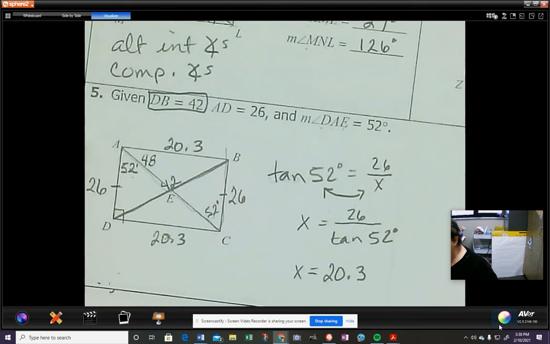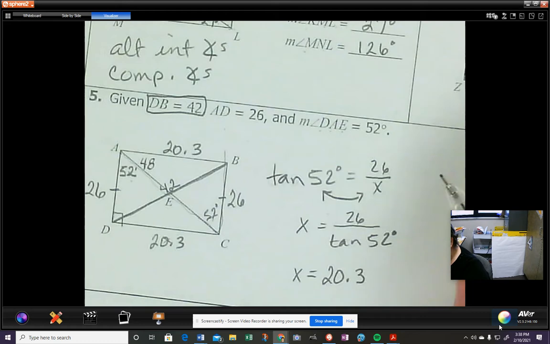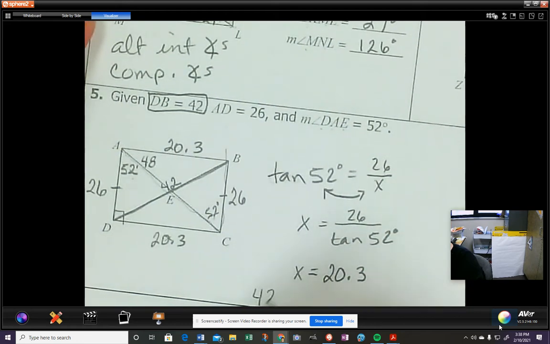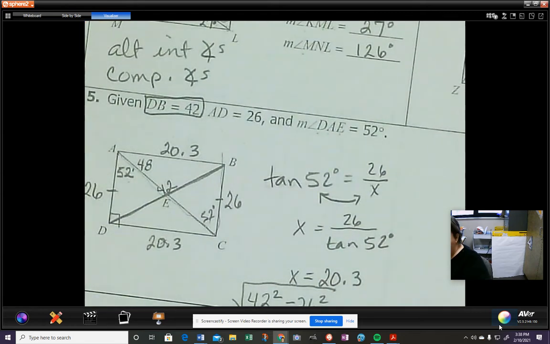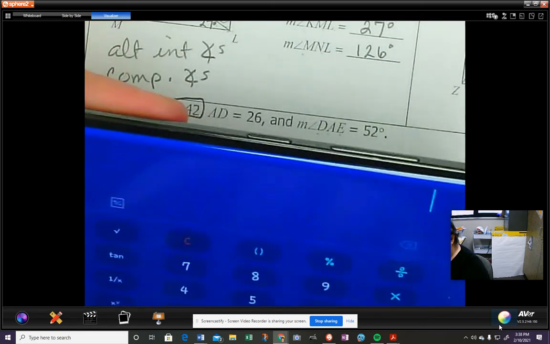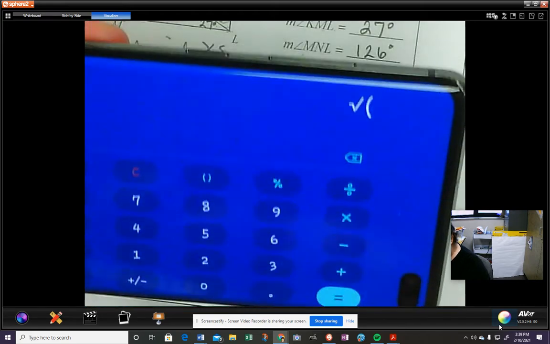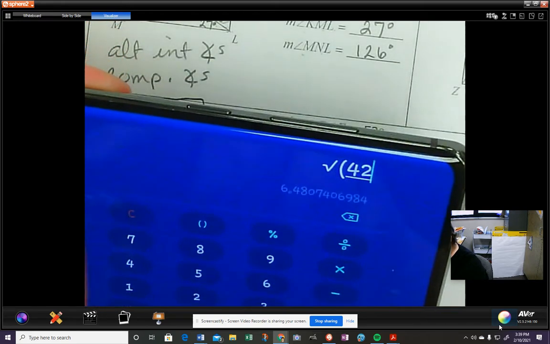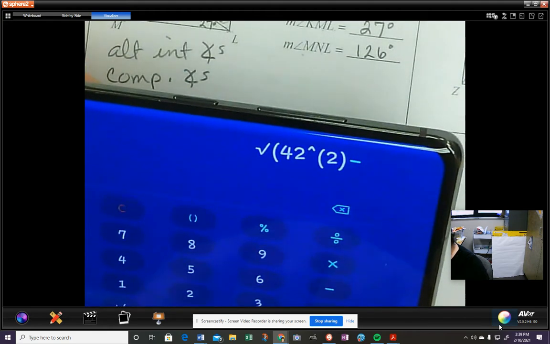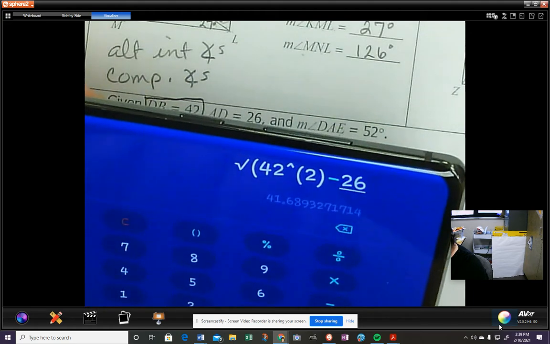I could do the Pythagorean theorem and check it out. 42 squared minus 26 squared. Take the square root of that. Let's see if we get 20.3. Square root of 42 squared minus 26 squared.